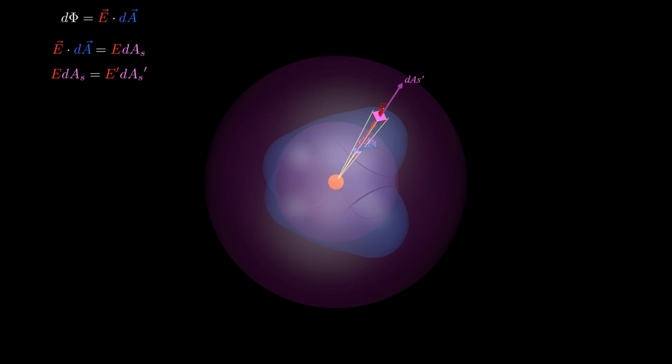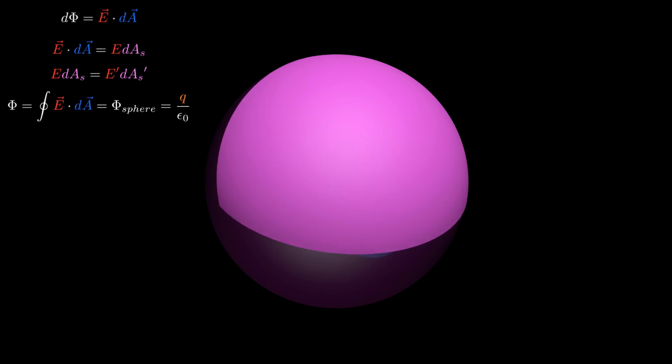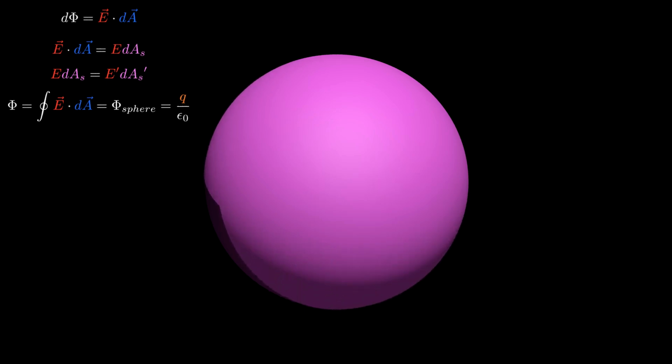Every patch on the irregular surface maps exactly to one patch on the sphere, each preserving flux. Therefore, integrating over the irregular surface gives the same total flux as integrating over the sphere. This integral result gives us the main result of Gauss's law.